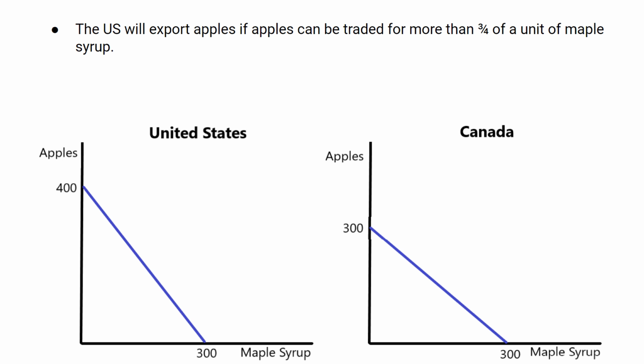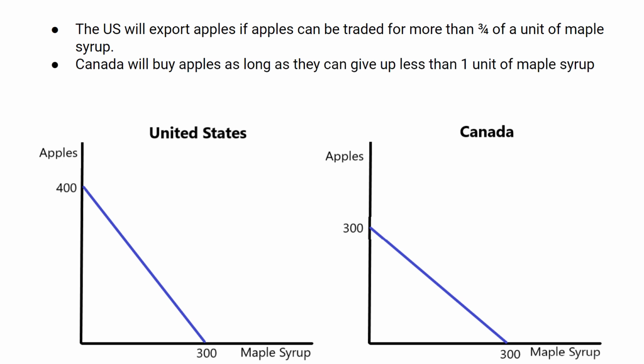And in that case, the U.S. would gain because they're acquiring more maple syrup than they had given up to produce those apples in the first place. Canada, on the other hand, will be willing to trade maple syrup for apples only if the opportunity cost of the apples is less than what it costs them, which is 1 unit of maple syrup.